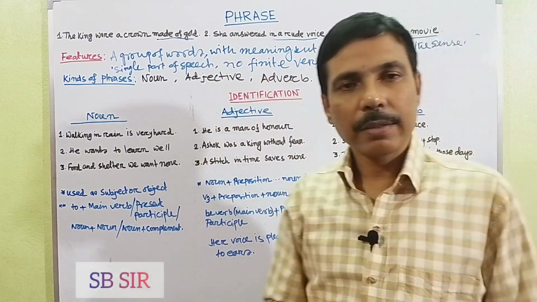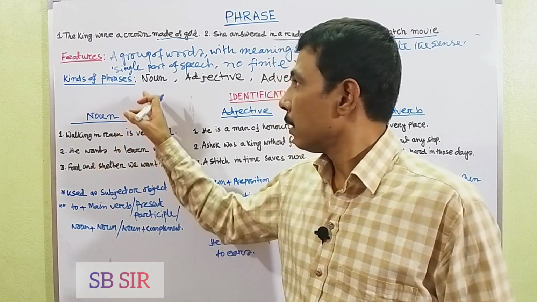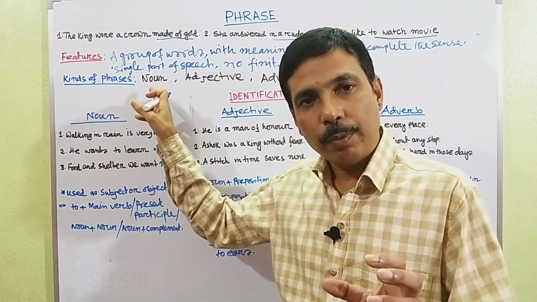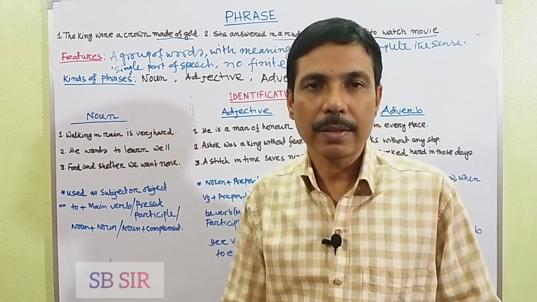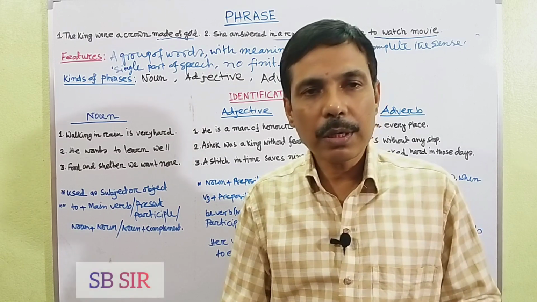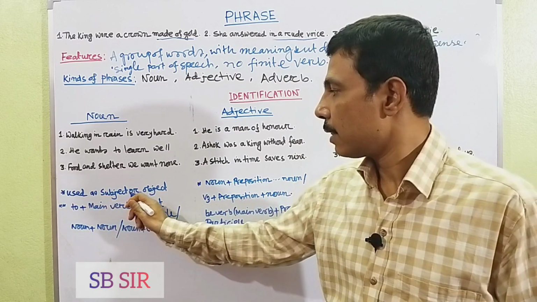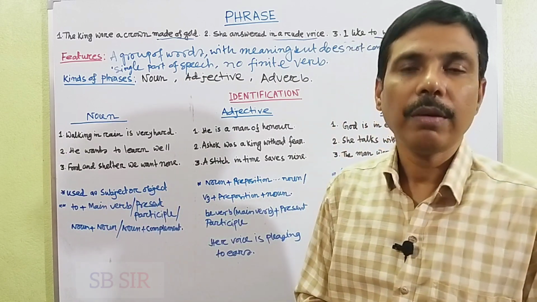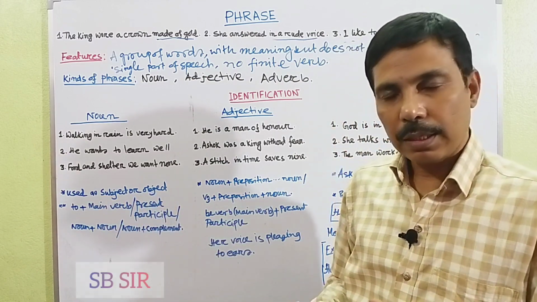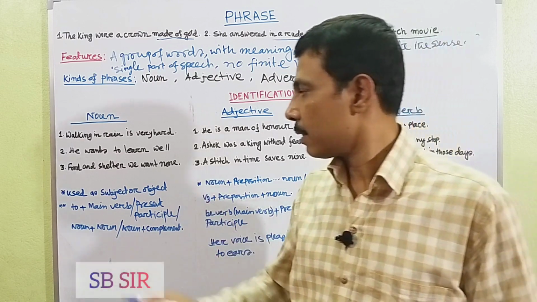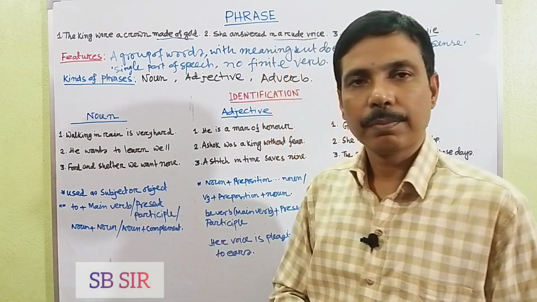So I have already said that noun phrase means a group of words used as a noun in the sentence. Generally in the sentence, a noun is used as a subject or object of a verb.